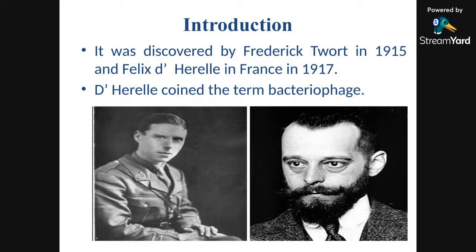D'Herelle called the virus a bacteriophage, meaning a bacterium eater, based on its ability to destroy bacterial cells. He successfully used bacteriophages to treat dysentery patients. His discovery paved the way for using bacteriophages as a tool in microbiology and genetics.